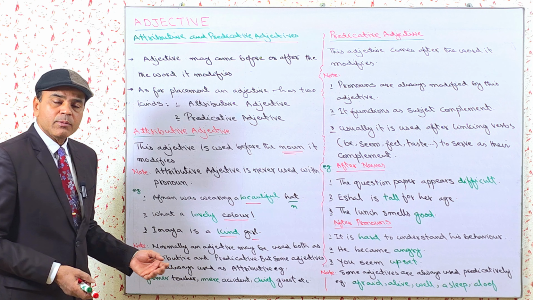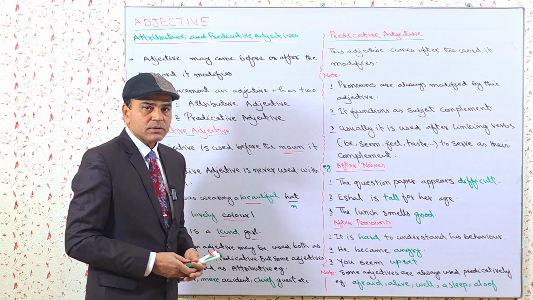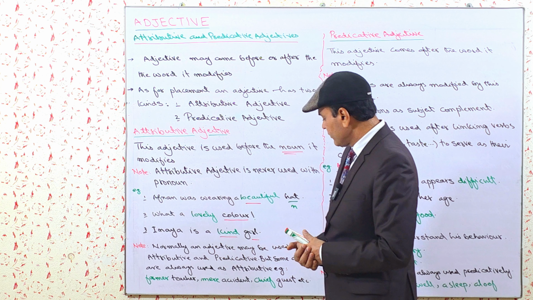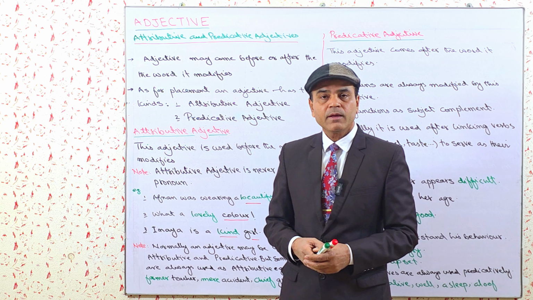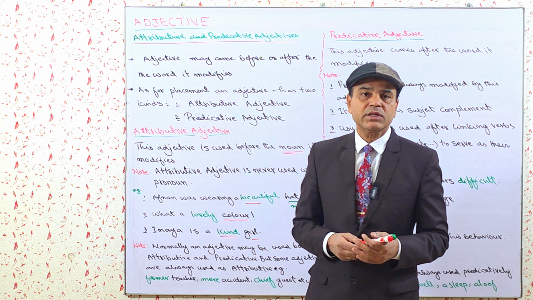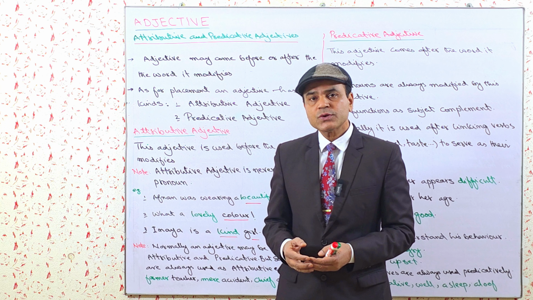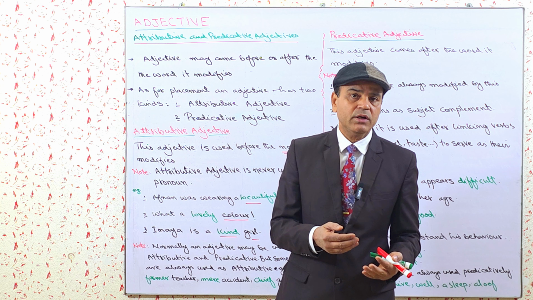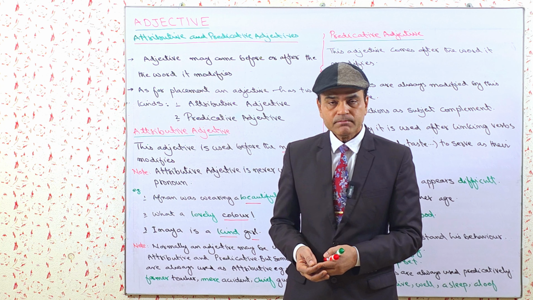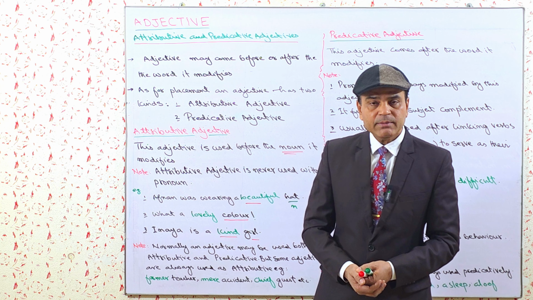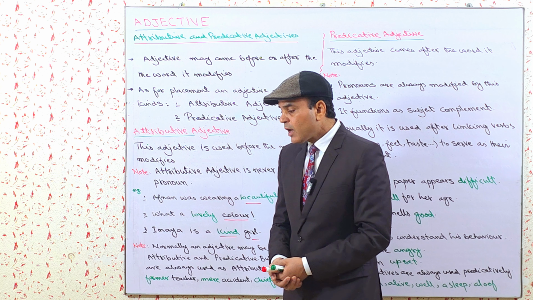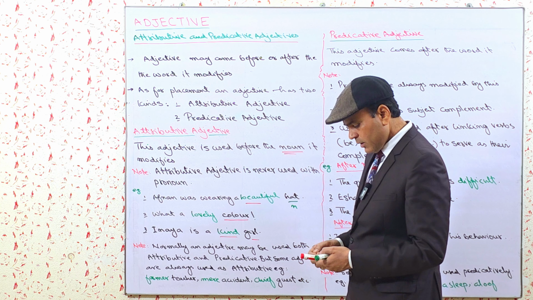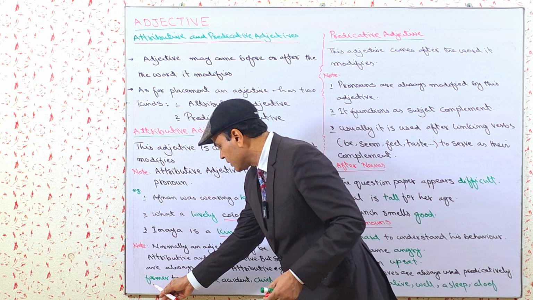There is also another point that needs to be noted. Normally most adjectives may be used before or after the noun, that is, the word they qualify. But some adjectives in English are always used attributively, like the word former.